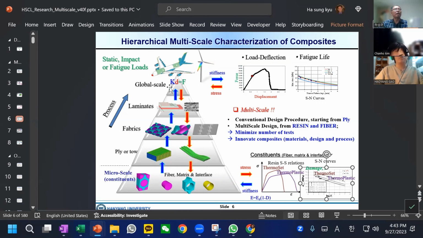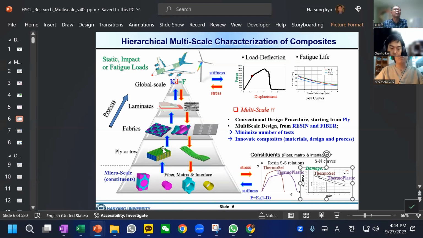So imagine how much the load will be cyclically applied to a fiber and resin system, and they have their own SN curve, and then it would have a certain life. And after a certain cycle of load, the composite will degrade, damage, or fracture or fail.